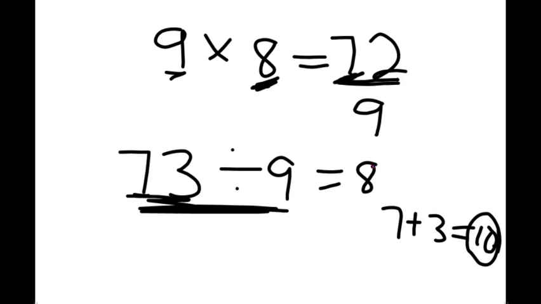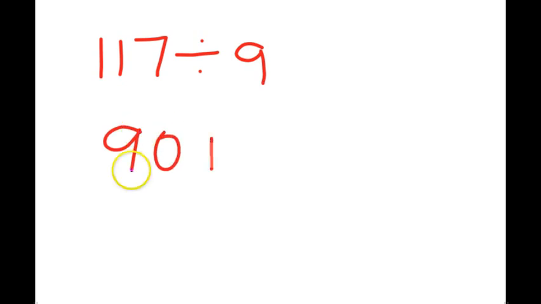Now let's take more examples in terms of other numbers. If I have a number like 117 divided by 9, here I have to go through the normal trick. Look at the closest multiple of 9 to 117. I can think of 90 plus what to give me 117. Well, that is 27, right?